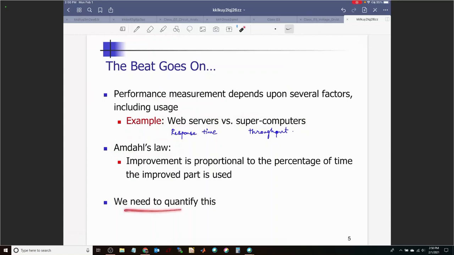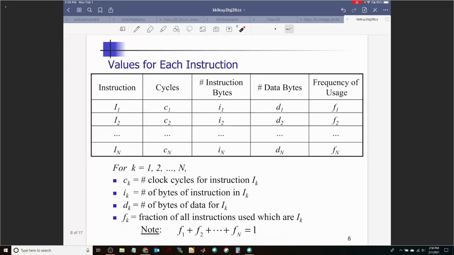Now let's move further and try to quantify the improvement in performance a little bit more. Let's get into the details here. We are going to start looking at a table. In this table, we have instructions in the leftmost column, I1, I2, so on up to IN.